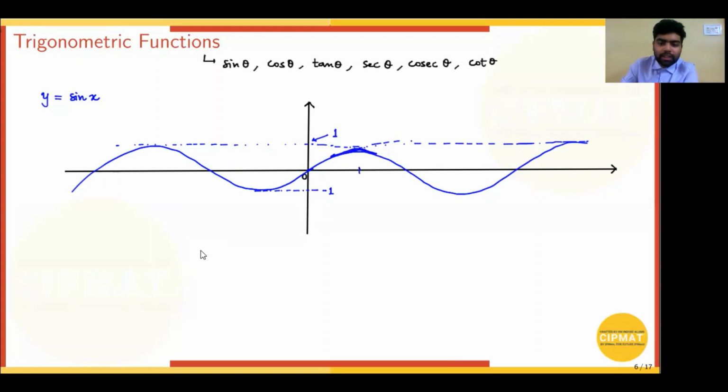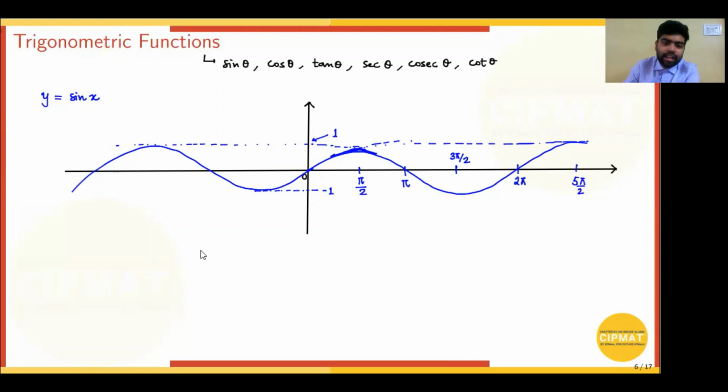Now this position is pi by 2, and this value of x is pi. Then it is going to take this value, which is 3 pi by 2, then this is going to be 2 pi, and then again it is going to reach the value of 1 at the next value, which is 5 pi upon 2, and it will go on in this way till infinity.